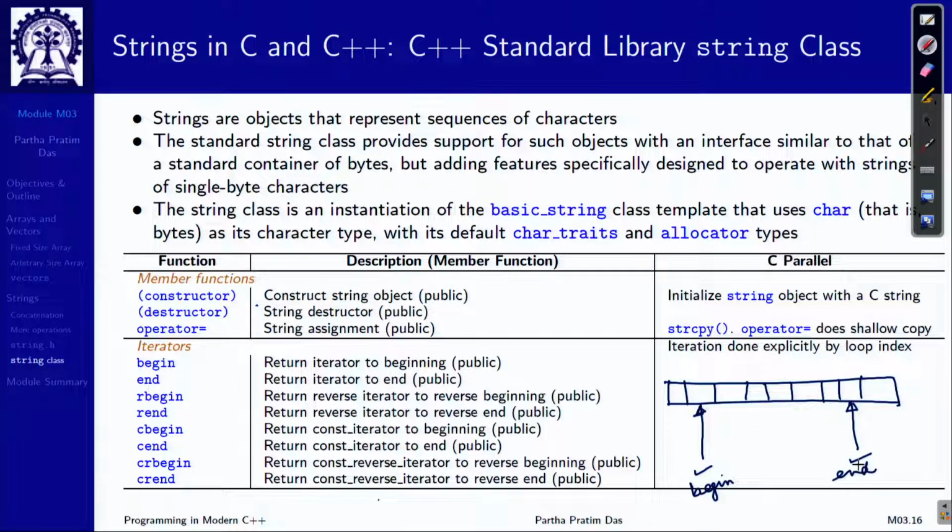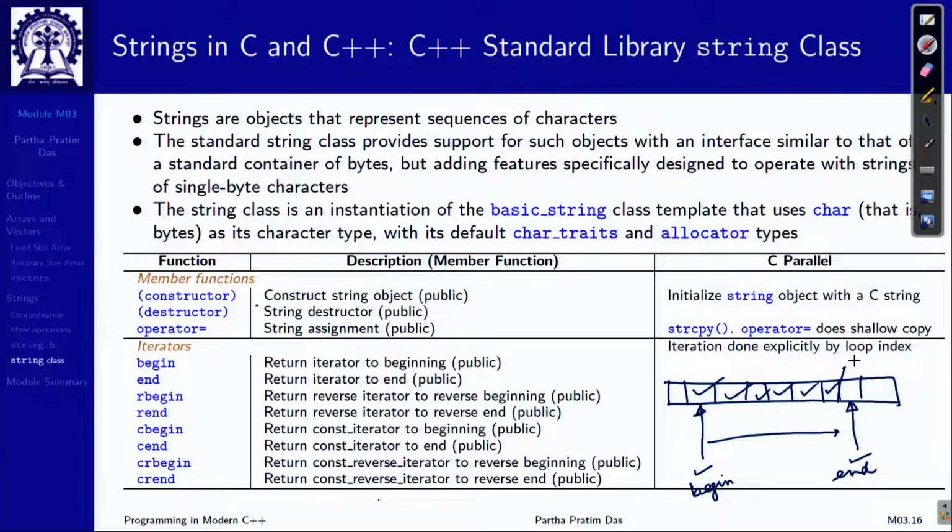I can say that I want to iterate from begin to end, which means start from begin and go up to, but not including, the end, right. It is kind of a higher level for loop you can think of. We will certainly explain this more, but these are common structures that you have in the C++ standard library.